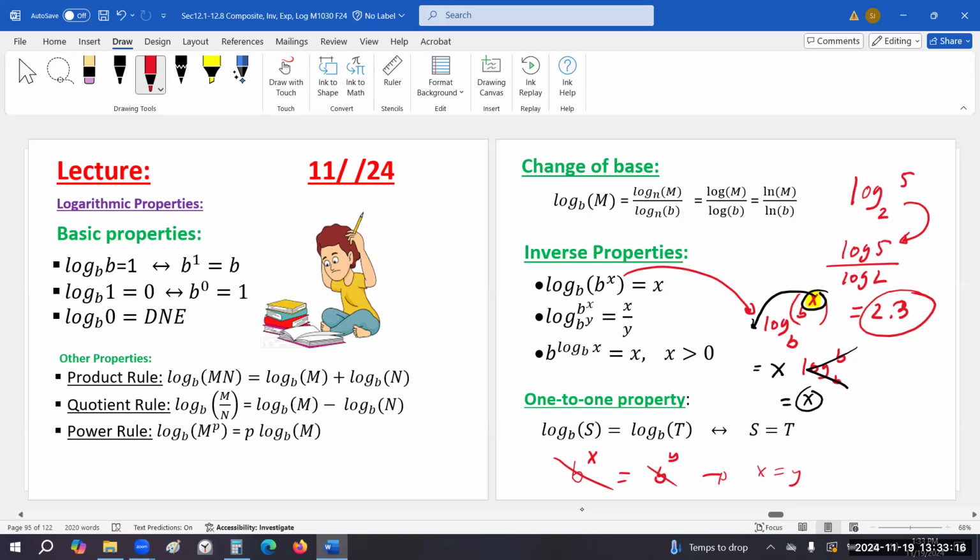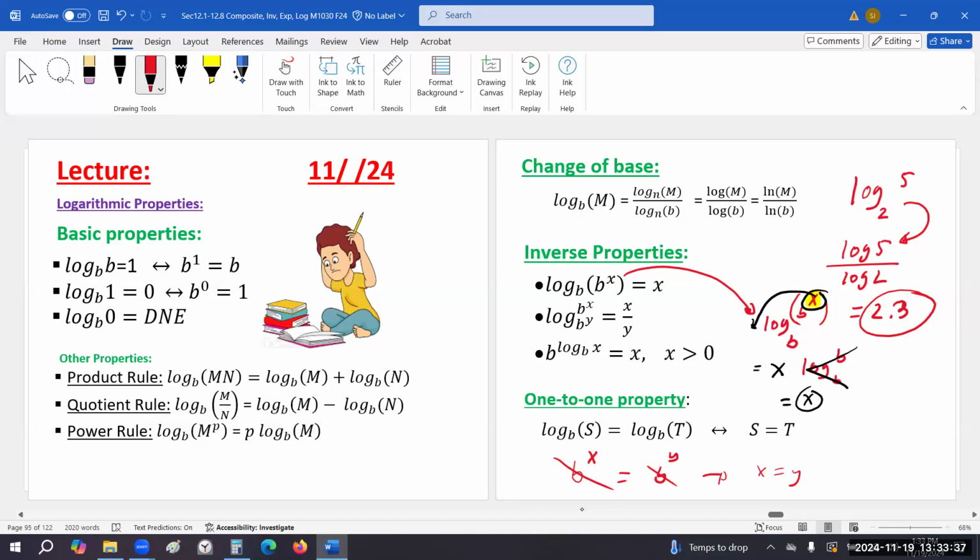It's true for log also, but you have to have only one log on each side. So one log on the left side, another log on the right side, and we have the same base, you can cancel them. And whatever remains, you set equal to one another and solve for x.